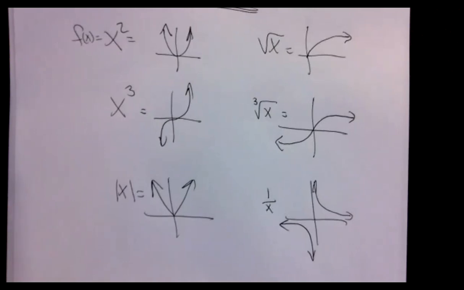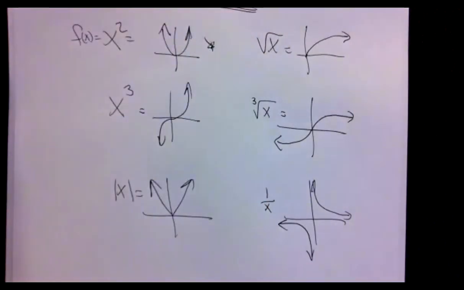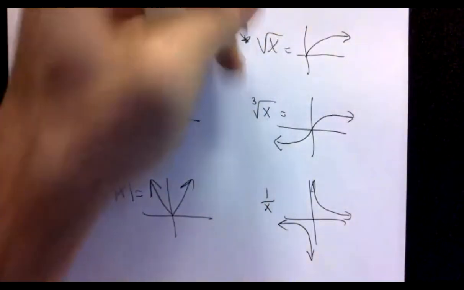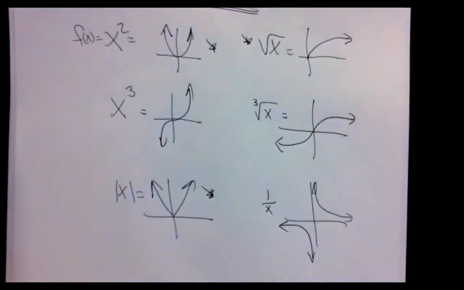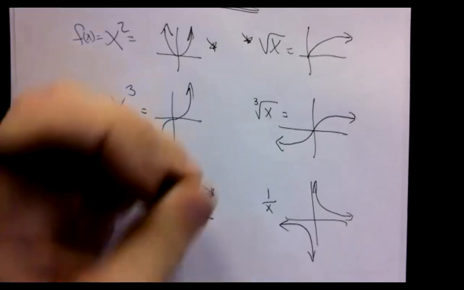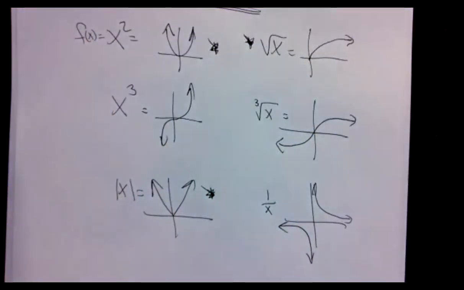So that is your parent function. And again, for your test, I'm going to do one of those, one of those, and one of those. Your homework could potentially touch on all of these. These are the ones that you'll have to do.